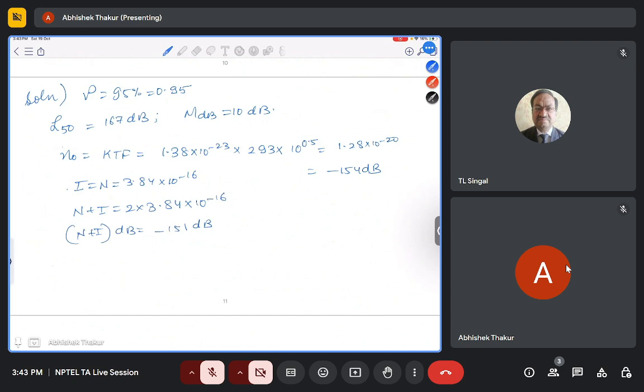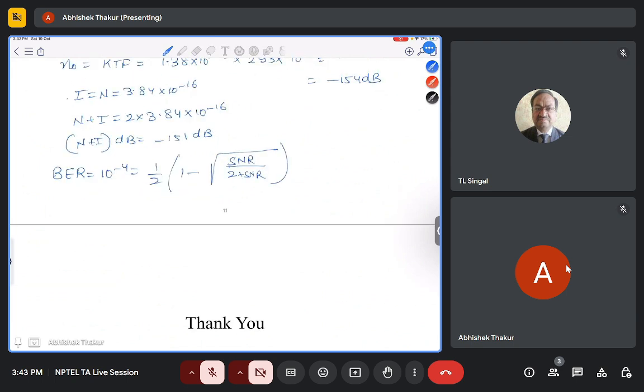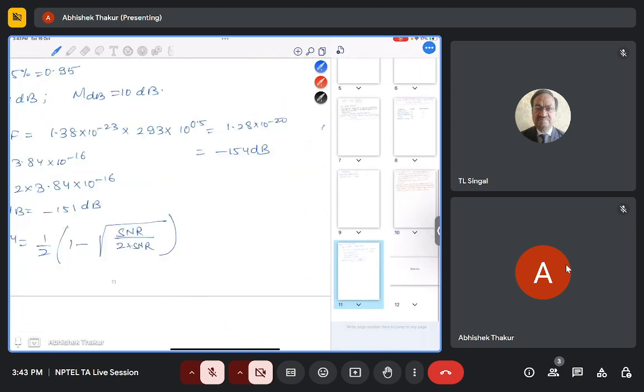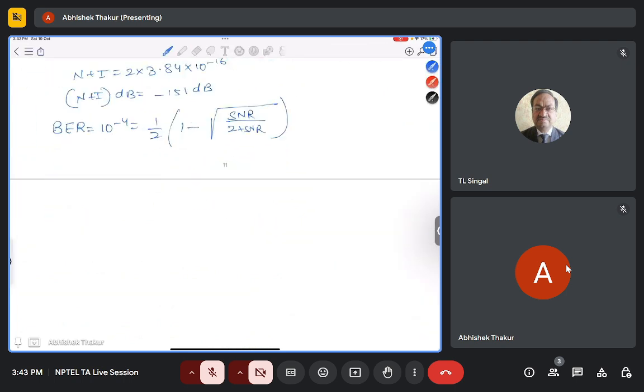And the bit error rate is equal to 10 to the power of minus 4, given. So this we have already studied, that it is 1 minus square root of SNR by 2 plus SNR for Rayleigh fading. So we can calculate this value.